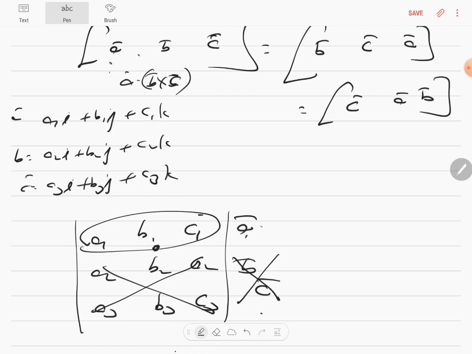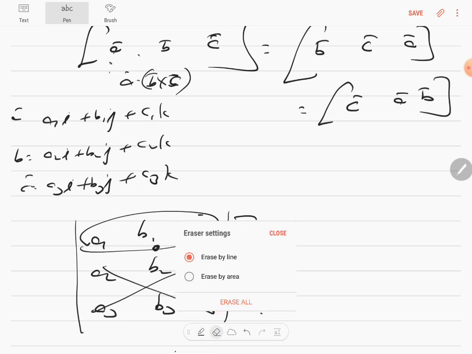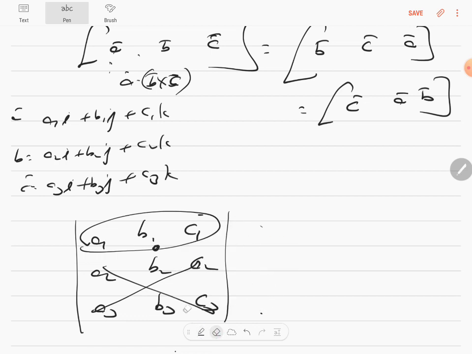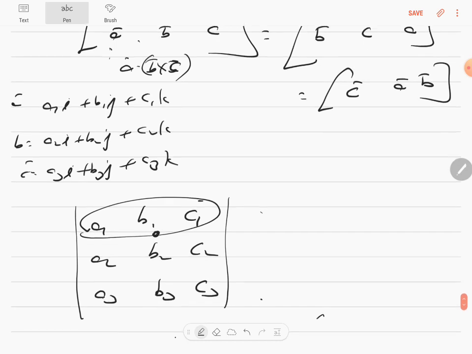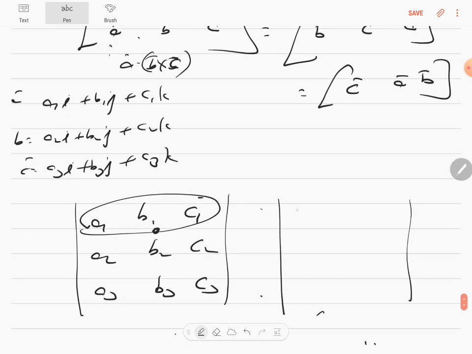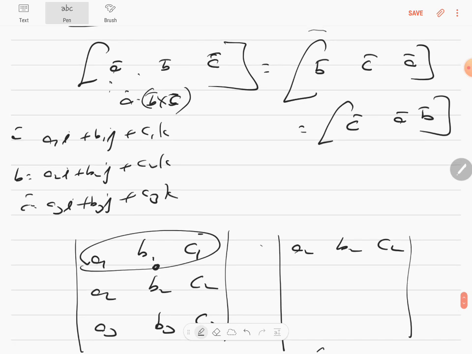So then I have three vectors. You know that this is the same as B dot C cross A, because if I write B here, that is A2 B2 C2, then write C, which is A3 B3 C3, and then write A1, which is A1 B1 C1.